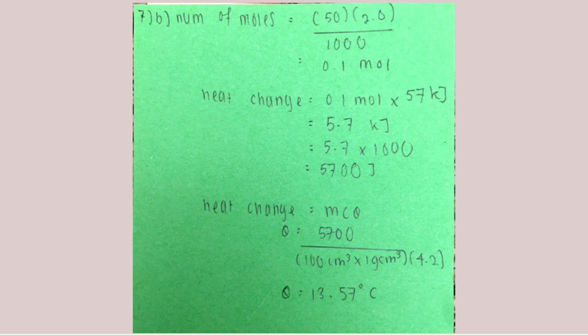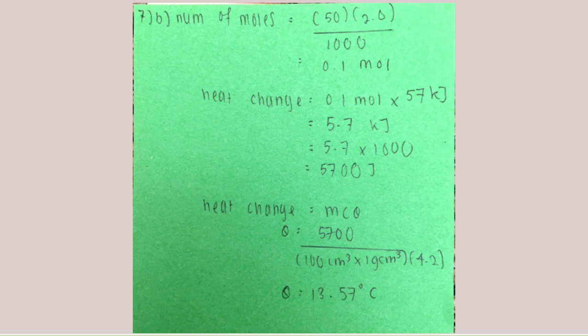But you have to change the heat change unit into joule. This is because the unit of heat change, mc theta, is normally written in joule and not in kilojoule. 1 kilojoule is equal to 1000 joule. After you multiply with 1000, you will get 5700 joule.